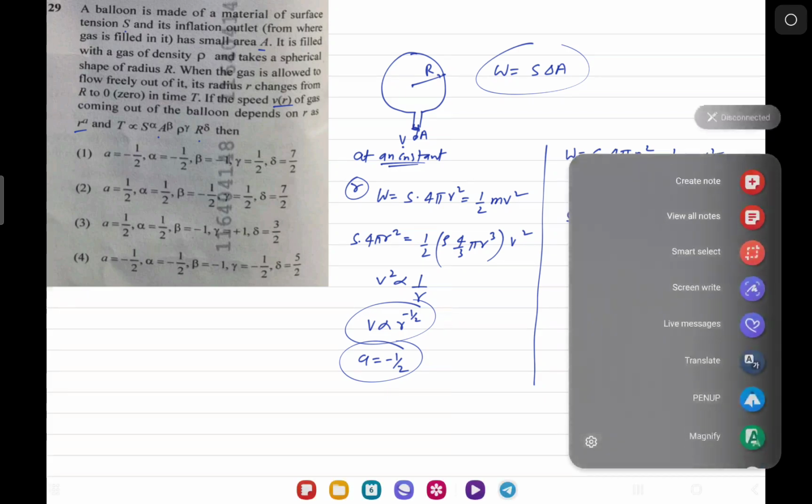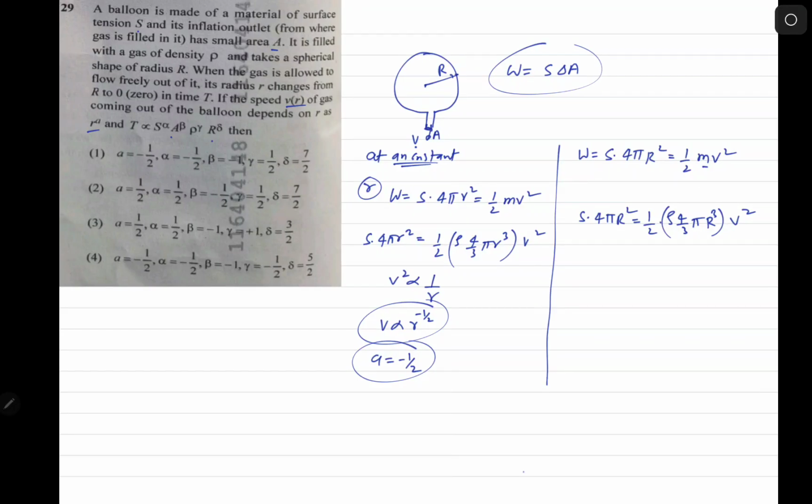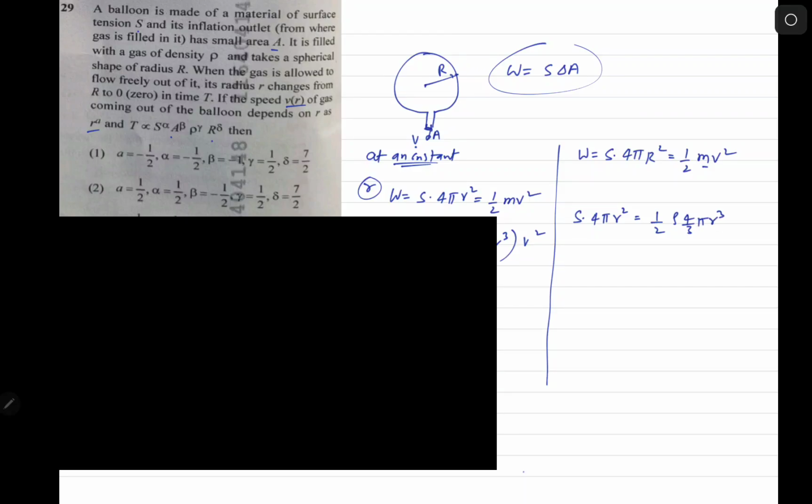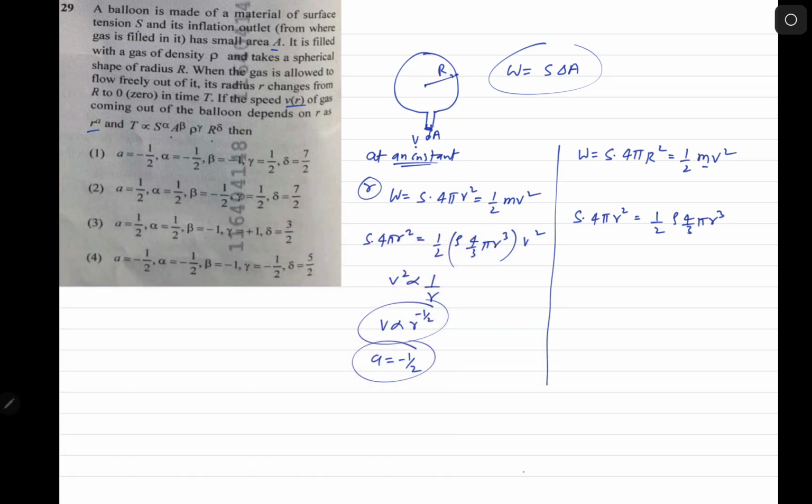So let me write this again in terms of small r at an instant, then we'll see if there's a possibility of integration. The rho into 4 by 3 pi r cube, my mistake, into v square.